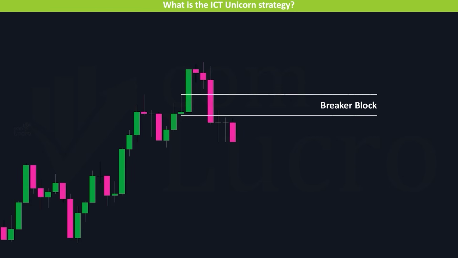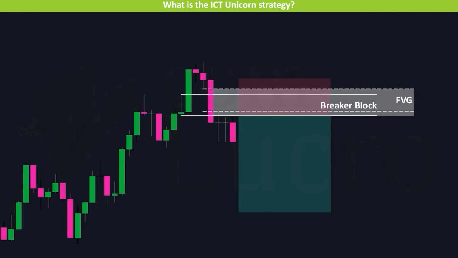A failed order block turns into a breaker block while a fair value gap forms in the same zone. When these align, they create a high confluence area where price often retraces before continuing or reversing with precision. The strategy is based on three core elements: market structure, breaker blocks, and fair value gaps.